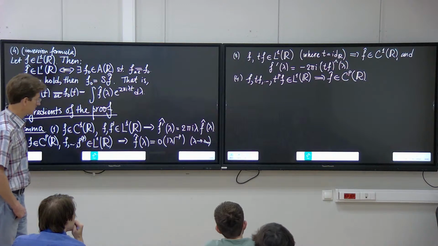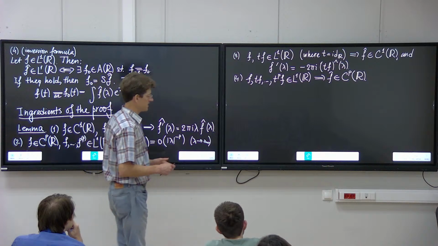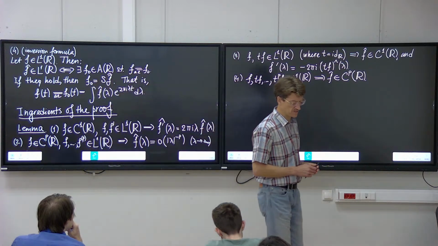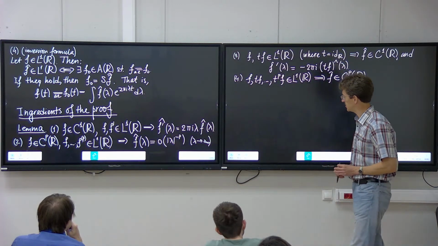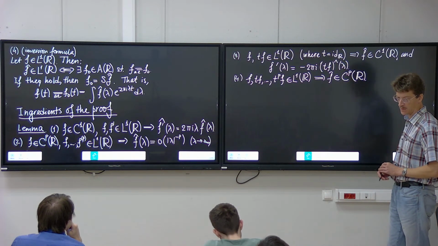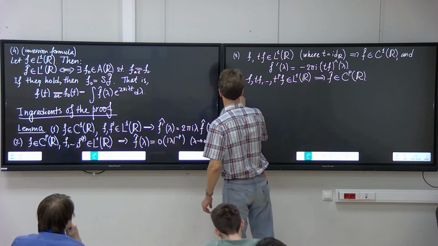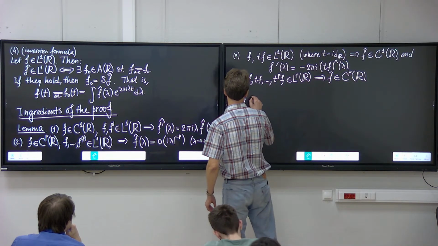And these observations led Laurent Schwartz to the idea that the Fourier transform must be exceptionally well behaved on a certain proper subspace of L1, the so-called Schwartz space. The Schwartz space is defined as follows.